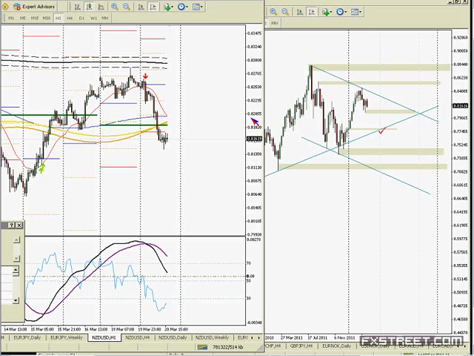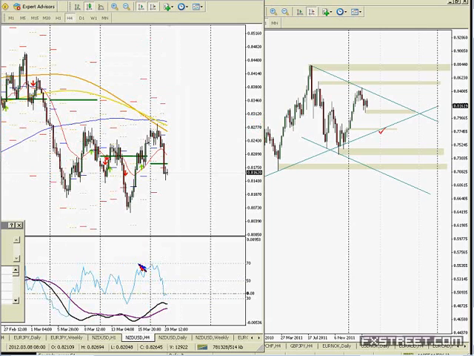Imagine you are in an uptrend. Let's see if we can find it here on the 4-hour. For instance, let's go here to the 4-hour.